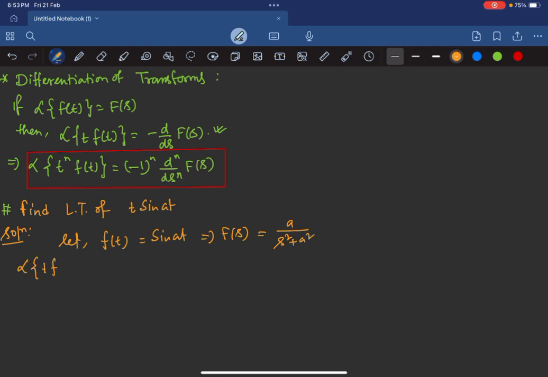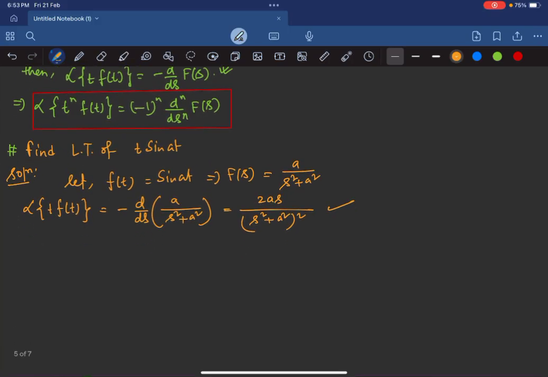Now as per this question, you want to find Laplace of t f(t), so immediately apply the first formula: minus d/ds of a by s square plus a square. If you do the differentiation, you will get 2as by s square plus a square whole square. So this is the final answer.